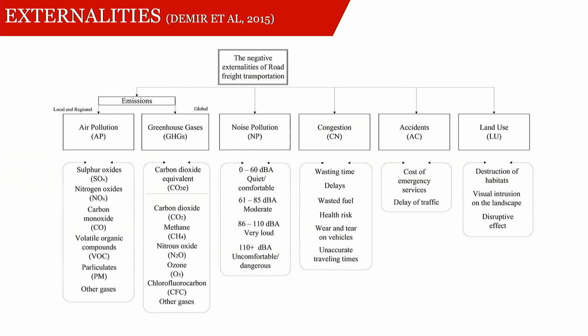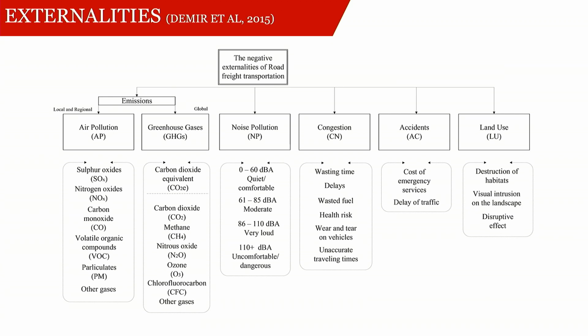But this is by far not the only thing that we have to consider. In addition to greenhouse gases, we also have air pollution, which in cities is often judged even more important than greenhouse gas emissions because it directly affects us who live in this city. Then of course we have noise pollution, we have effects on congestion, we have accidents that occur because there are additional trucks on the road.